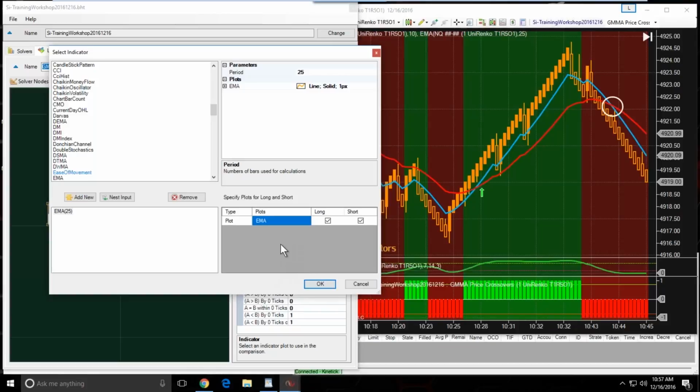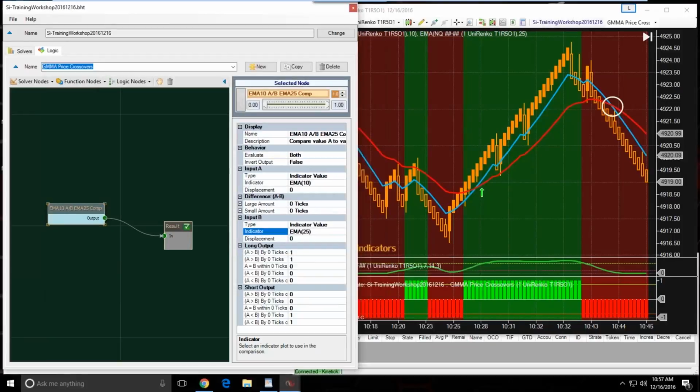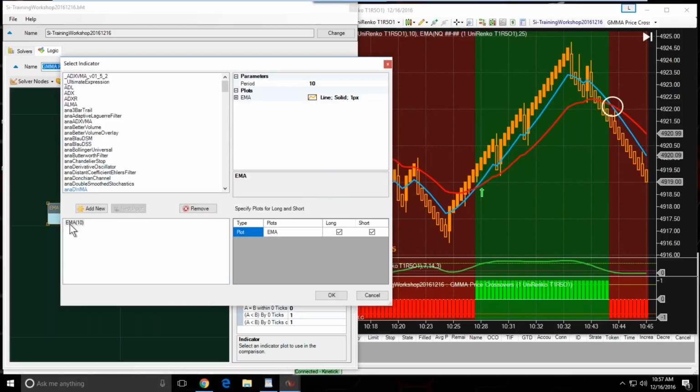In the GMMA indicator, whichever plot represents the EMA 25, that's what you would need to select here. The same goes for the EMA 10: you would need to select the plot that represents the EMA 10.